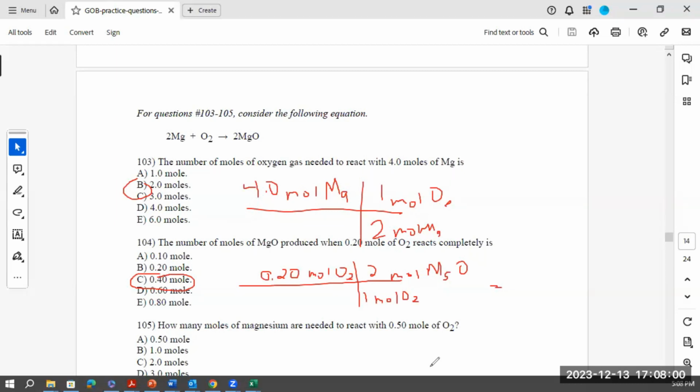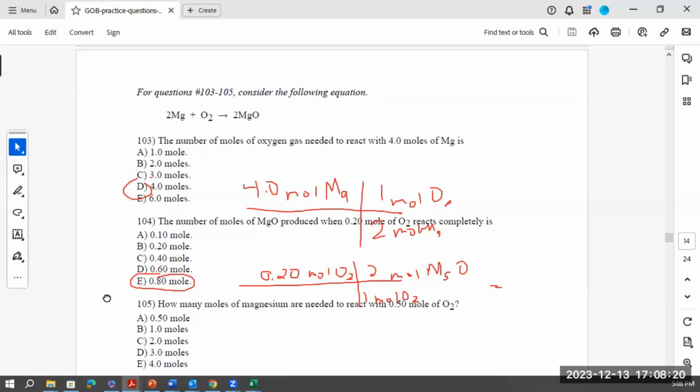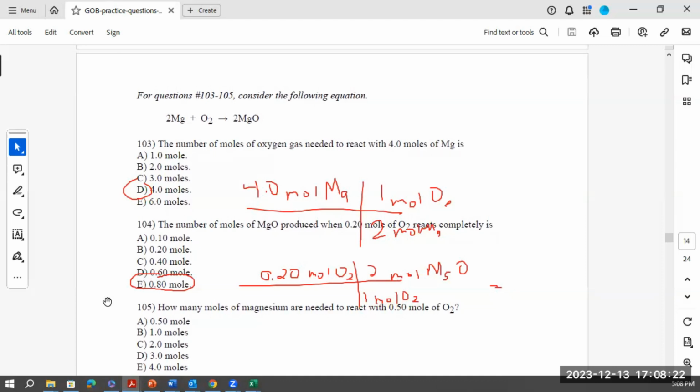So our choices are 0.50 mole, 1.0 mole, 2.0 mole, 3.0 mole, 4.0 mole. What do you guys think? Okay, 1.0 mole of magnesium.